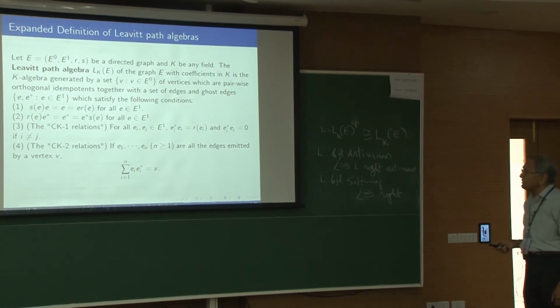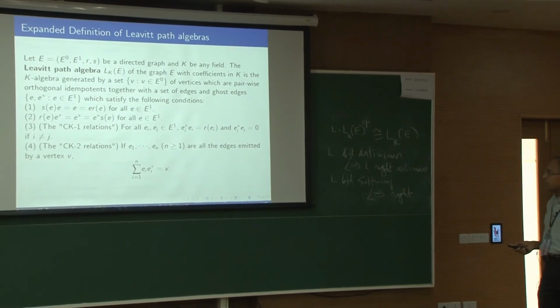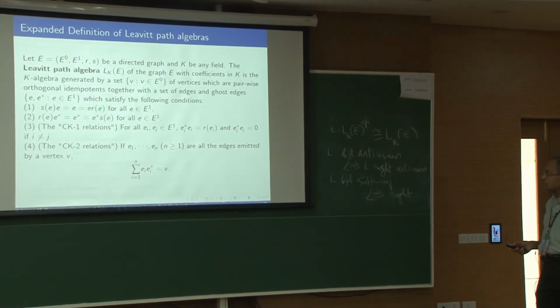The source of an edge times the edge is e, the e times the range vertex is also e, and a similar thing for the ghost edge.